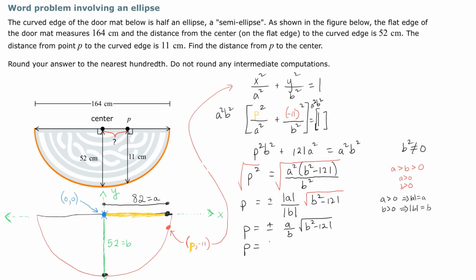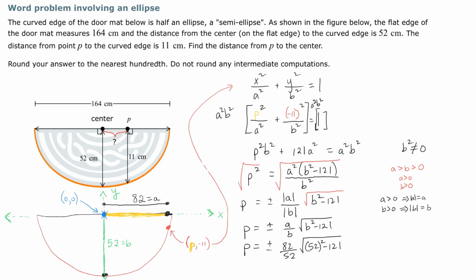Now we're ready to put in the numbers. P is equal to plus or minus, what was A? 82. B was 52. B squared is, well, 52 squared minus 121. Go ahead and use the order of operations and perform this on your calculator.